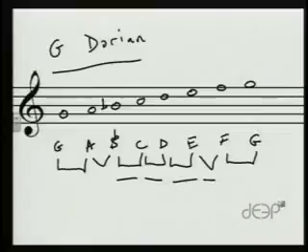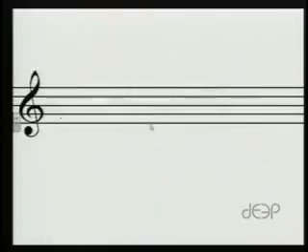So that's the first thing we could do. Or we might find ourselves in a different situation where we have something like, let's do this. I'll give you a scale.